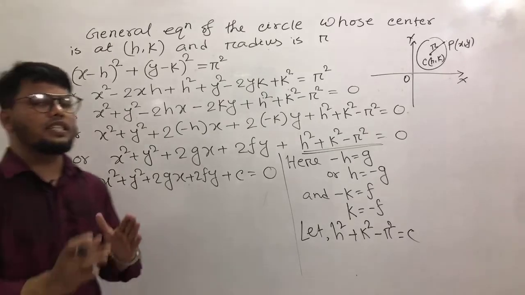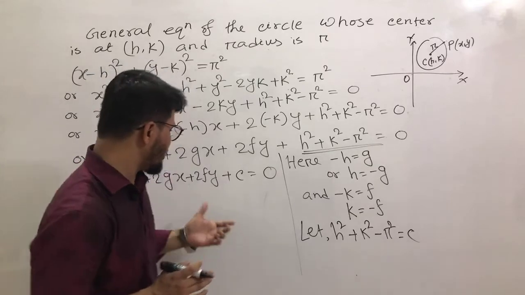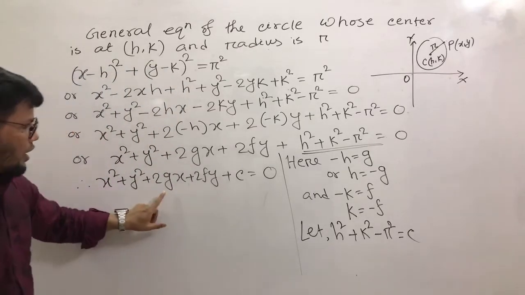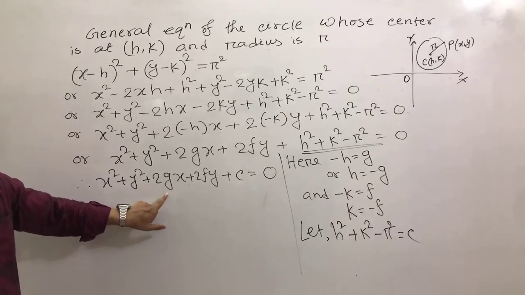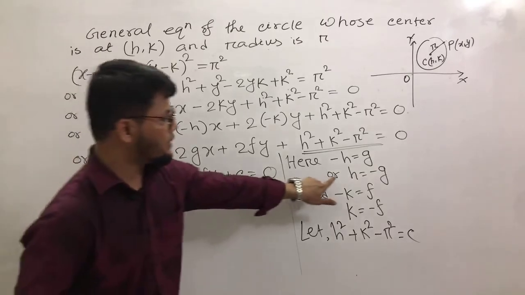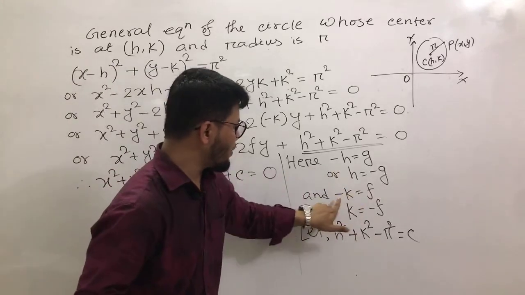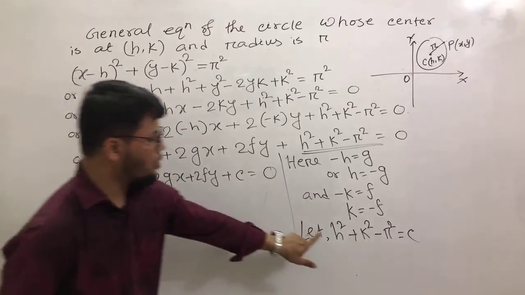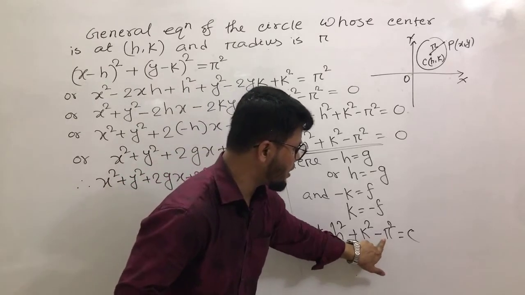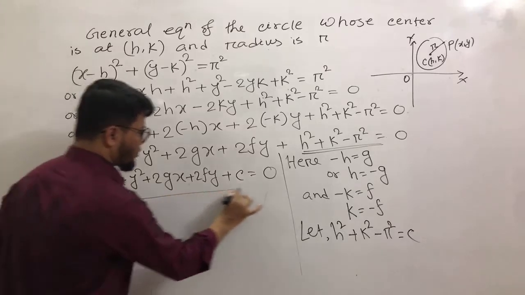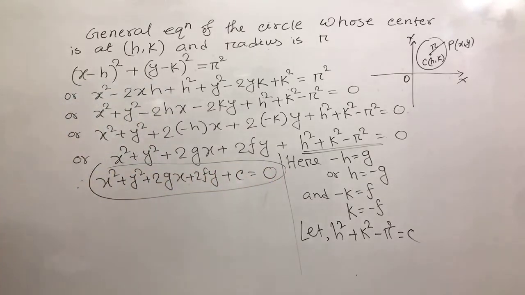So dear students, in the contents 4.1, 4.2, most of the time you have to apply this formula, where g equals minus h and f equals minus k, and c equals h square plus k square minus r square. So now this is the general form of the equation of a circle.